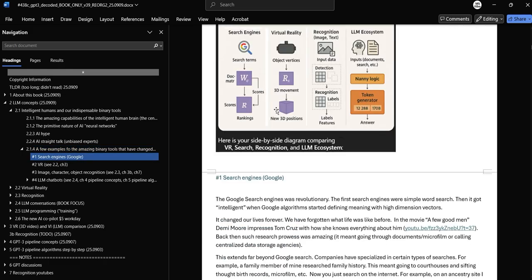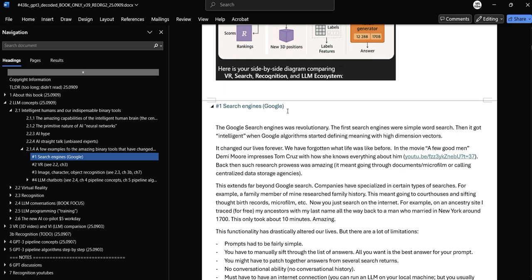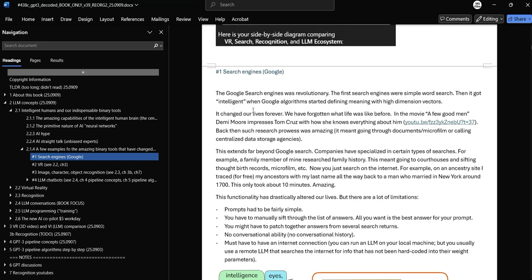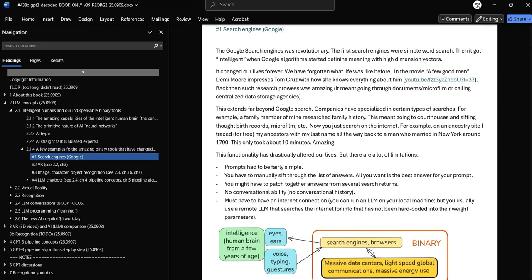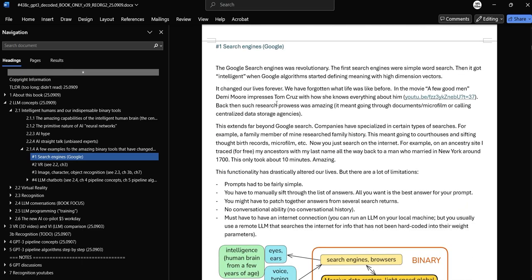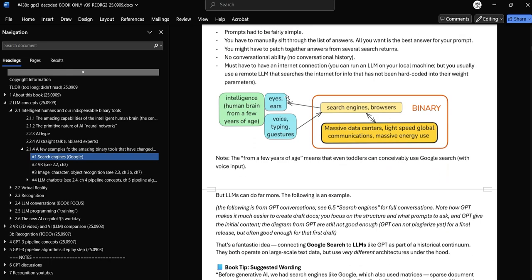A lot of this section has been generated from GPT, but the core parts I've written myself. So the first part is the search engines. Life before search engines was really, really complicated. If you wanted to do any kind of research into your family history, you'd have to go to the library or go to the courthouse. Now you just Google it. Very, very simple.